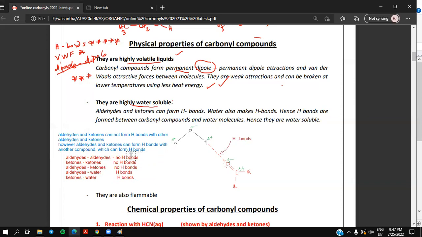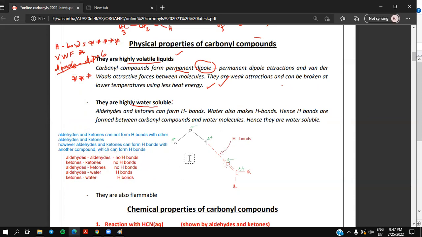What is this idea? Aldehydes cannot make hydrogen bonds with aldehydes. Ketones cannot make hydrogen bonds with ketones. Aldehydes cannot form hydrogen bonds with ketones also, but both aldehydes and ketones can make hydrogen bonds with water molecules. So that's a summary.